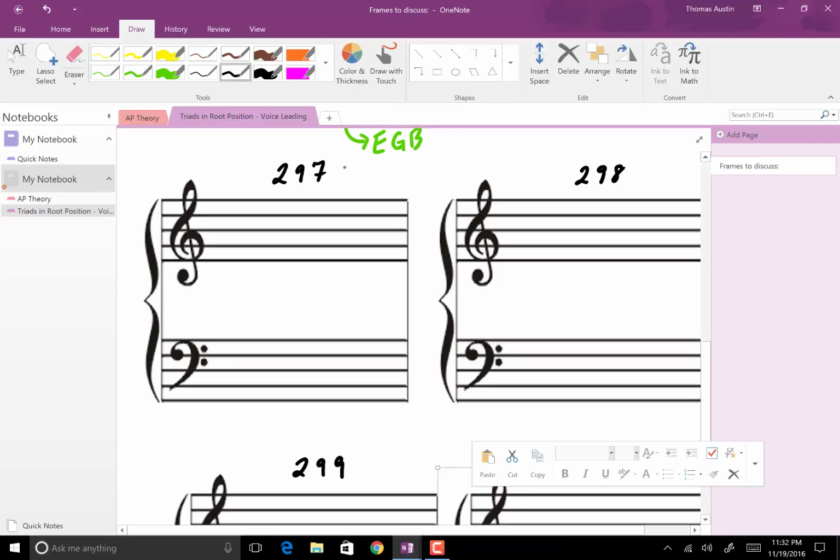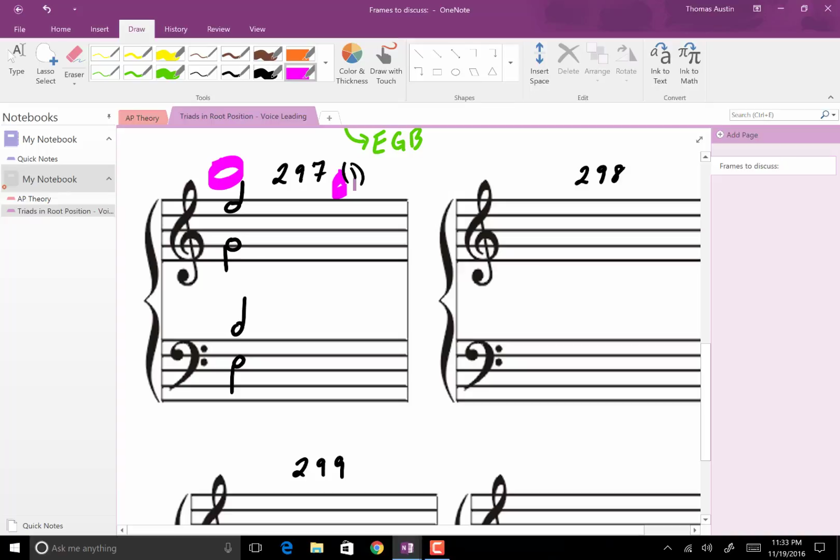So if we examine number 1 of 297, soprano's on an E, alto's on a G, tenor's on a B, bass on an E. You have to first determine what structure that is. And that is open structure. Therefore, they're going to want closed structure in the second chord.